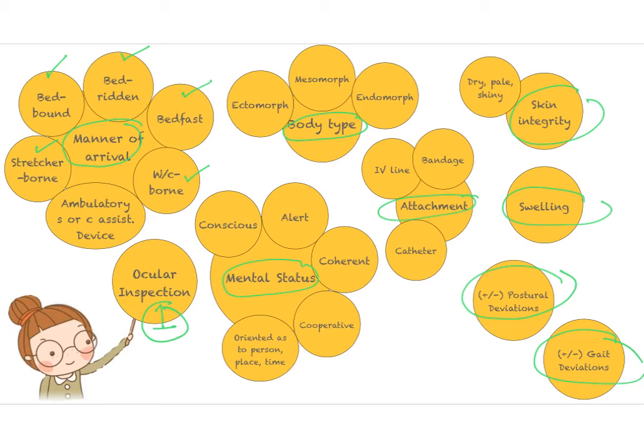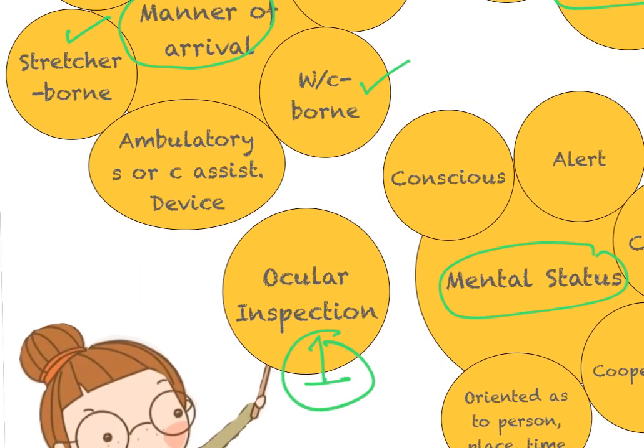When you say ambulatory without or with assistive device, pwedeng the patient is walking, the patient can walk either without assistive device or ambulatory with assistive device. So how do you document that? Could be, okay, ambulatory with, you don't need to write assistive device anymore if the patient is using an assistive device.